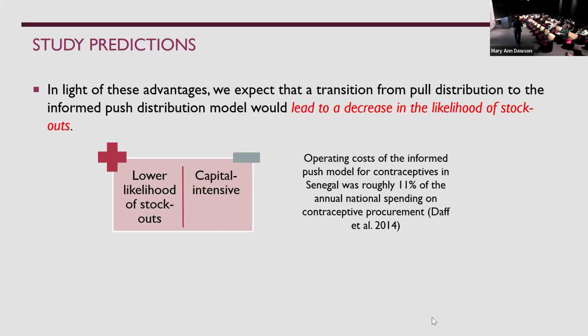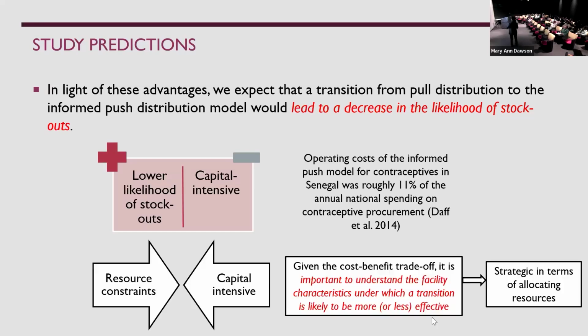So 10% of your health budget goes to just managing the supply chain, which is a pretty significant amount of money. So there are definitely a lot of benefits, but it is also pretty capital intensive. And so this is where we want to understand what are the types of facilities for which this is going to be beneficial, and what are the types of facilities for which this is not going to be that beneficial, so that we can be more smart and strategic in terms of how we allocate the resources.